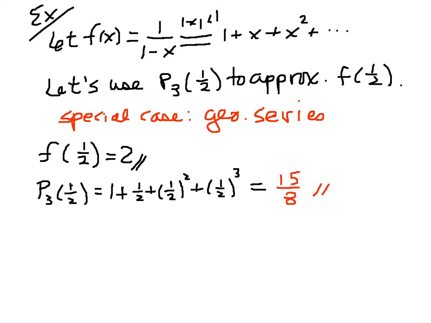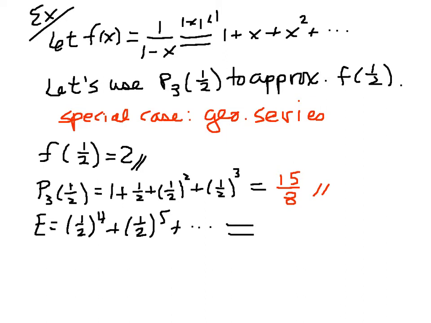Pretty close to 2. Clearly, if we used more terms, if instead of 3 we used 4 or 5 or 6, this would become a better approximation. But now let's talk about the error. So the error is simply everything else. And so we get as the error, it's going to be 1/2 to the fourth plus 1/2 to the fifth, and so on. Now this is a geometric series.